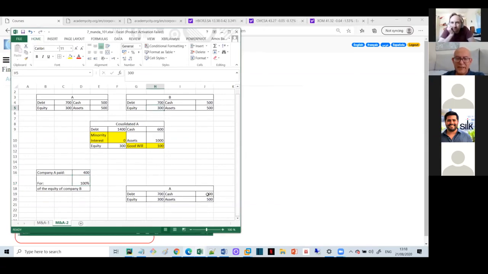What will happen here, by the way, now? What do we have here? We'll have not 200, only 100, is that right? From 500, we'll go down to 100. And how much will we have as investment in company B? Investment in B will be 400. Everybody agree?